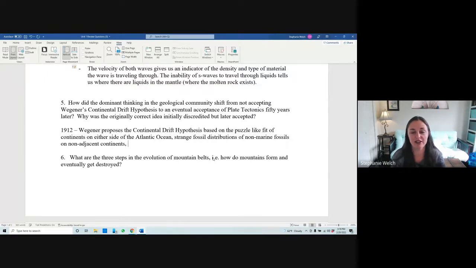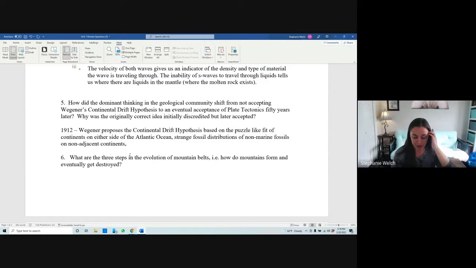So effectively the same sort of creatures, their remains found on different continents, whereas you get distinct speciation in modern animals today, like the New World versus the Old World, the animals in Australia being very different than Asia and so on. You get these matching fossil distributions on non-adjacent continents. So the theory being, if you put those continents back together, that makes a lot more sense. They were freely roaming around that continent.